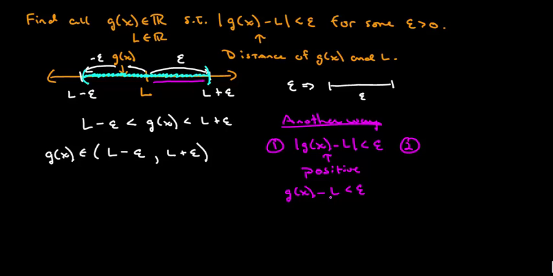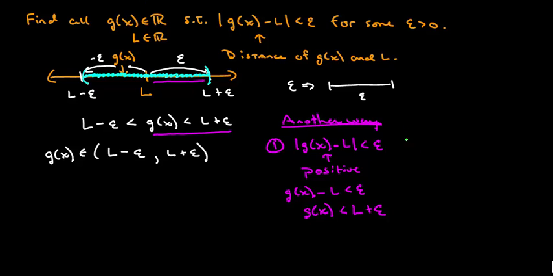Notice that g of x minus L less than epsilon, if I add L to both sides, I get g of x is less than L plus epsilon. Where do you see that? Right here.